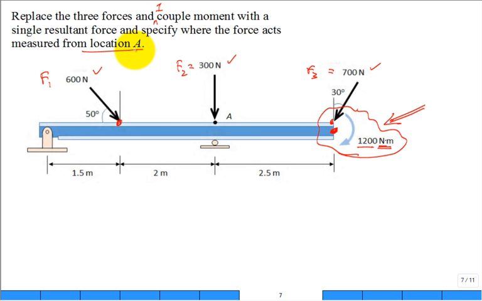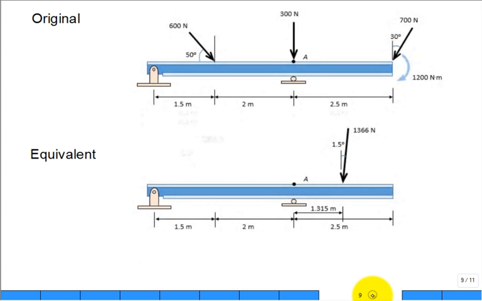I'm going to run out of time, so let me show you the answer so you understand what we're trying to do. We're trying to take this original system and have an equivalent system where we have a single force. That force is going to have a magnitude and some sort of orientation. It's almost perfectly down, but it has a slight angle right here.